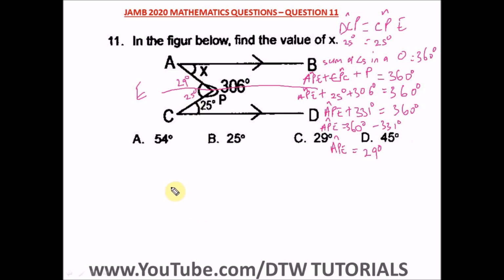You now come again, angle APE is equal to angle BAP. Why? Because they are alternating angles.